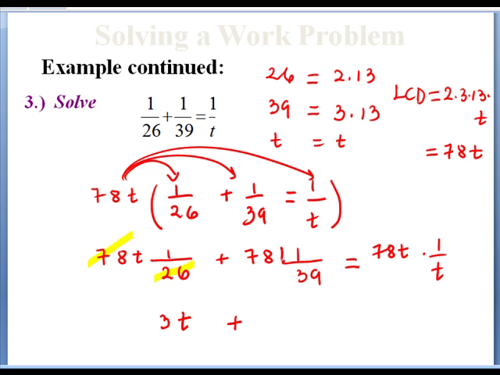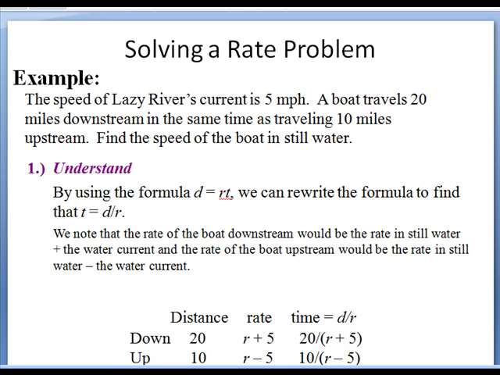Plus, oh, I missed a t here. Do the same thing, take 78 divided by 39. I have 2t. And over here, everything cancels out with a t. So I have 5t equal to 78.